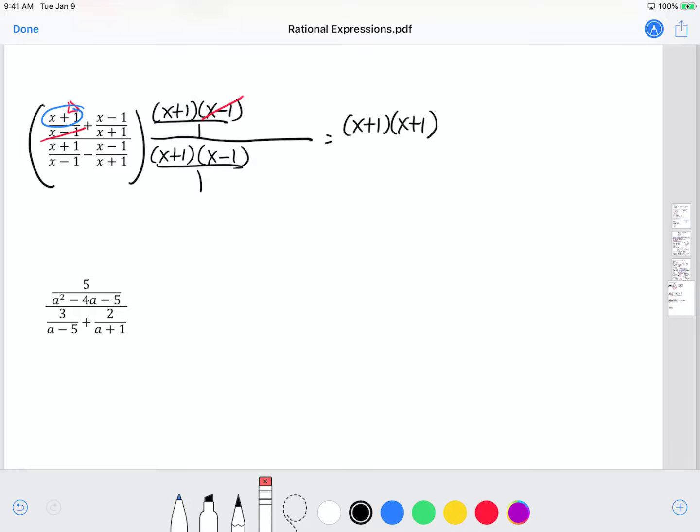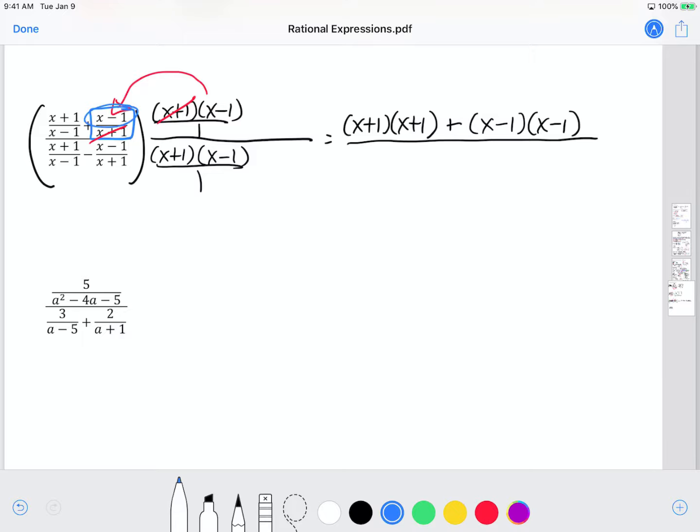Now let's delete that so it doesn't get cluttered. Now I'm going to take x plus 1 times x minus 1 times this mini fraction. When I do that, the x plus 1's disappear, and I'm left with x minus 1 times x minus 1.